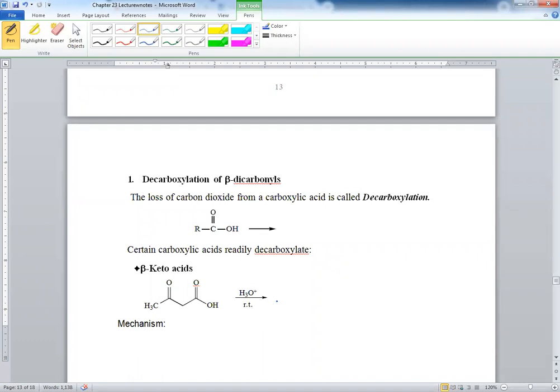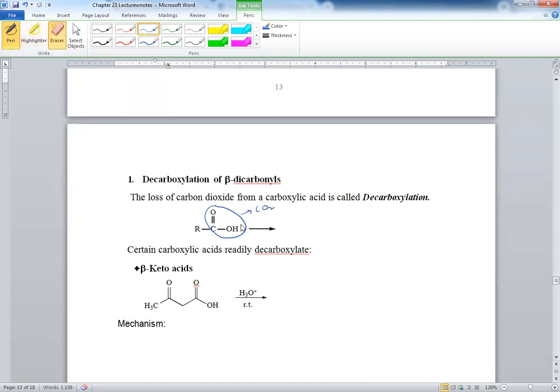It's very quick and it's concerted, and we need to learn about it because we're going to see it also in this chapter. So, a decarboxylation of what we call beta dicarbonyls: the loss of carbon dioxide is basically from here. This becomes carbon dioxide.